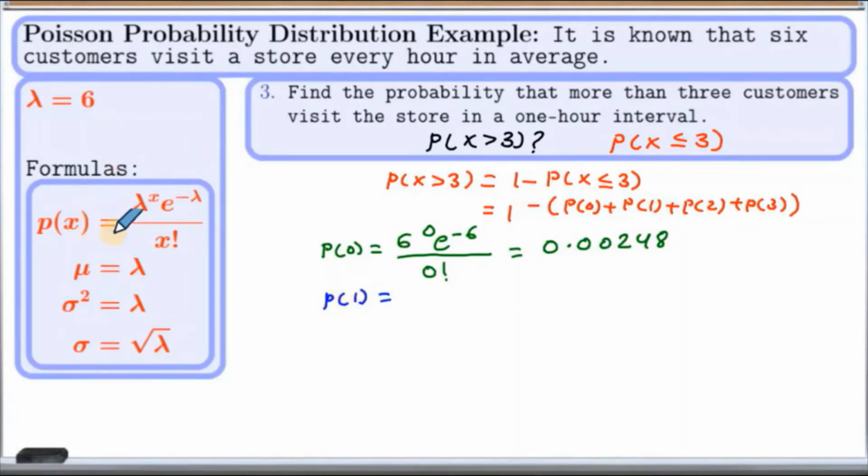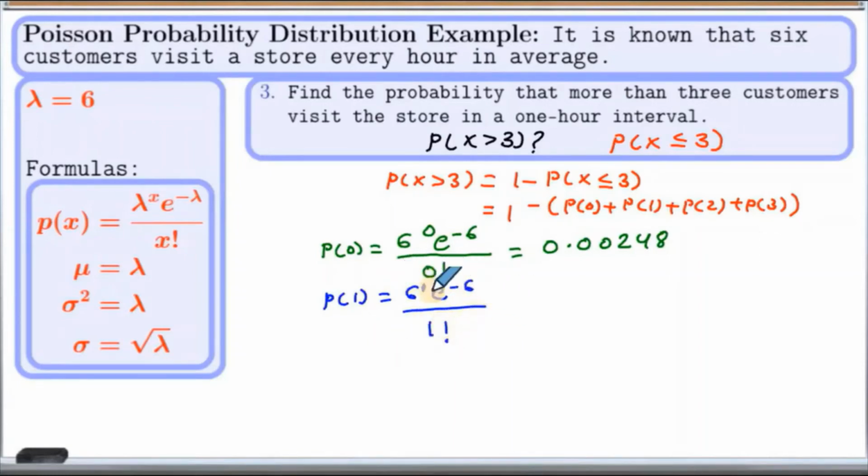Let's find the probability of 1. For this also, we will be using this formula here. Our lambda will be the same. Our x will be 1. Now we can substitute values of lambda and x in this equation here. So we get, over 1 factorial.